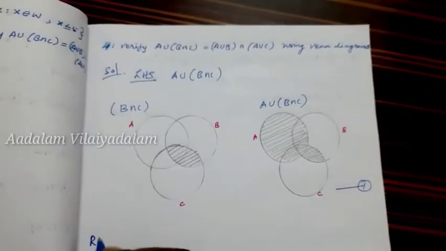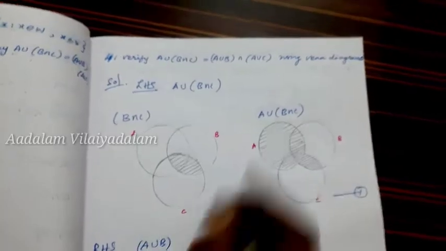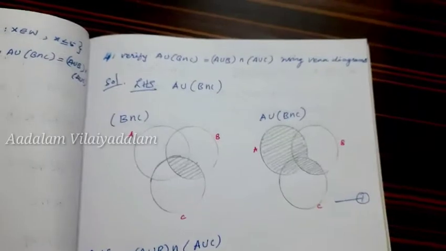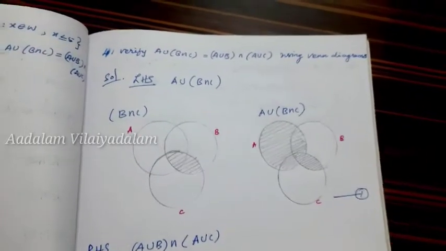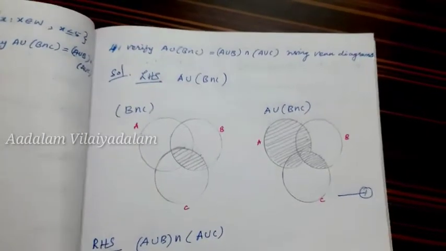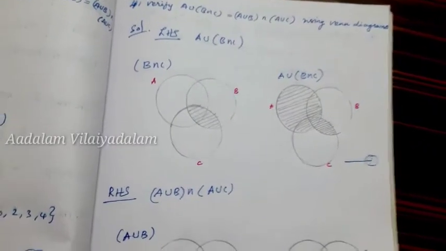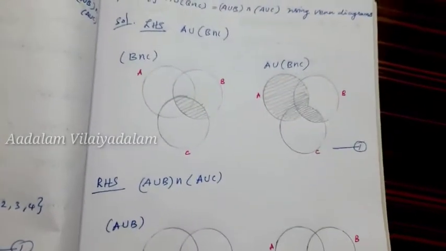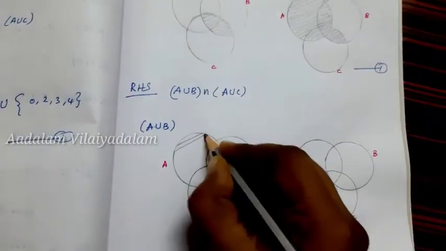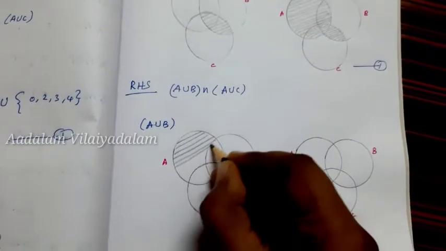Now let's go for the RHS, that is A union B, intersection A union C. You need to find A union C. So now let's find A union B, that is between A and B. Therefore, we are going to shade A and B both together.